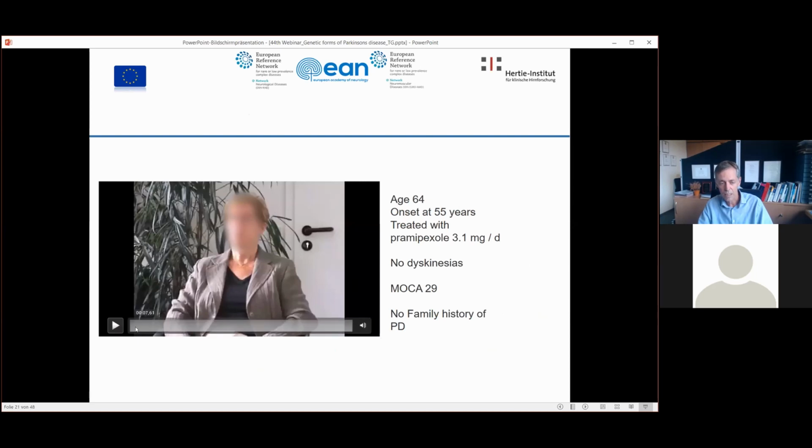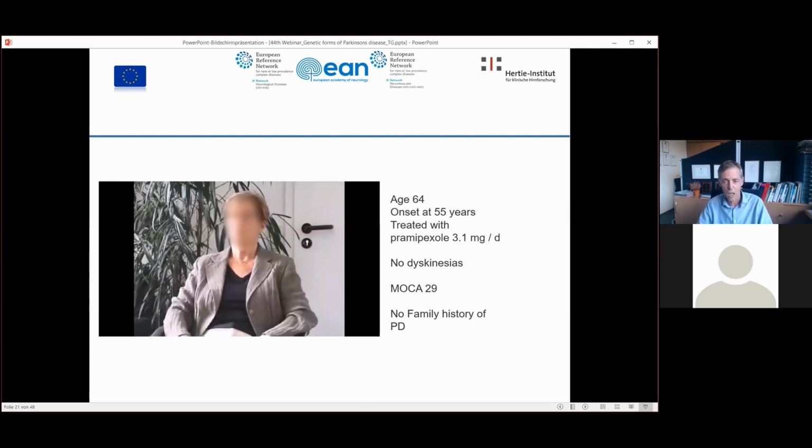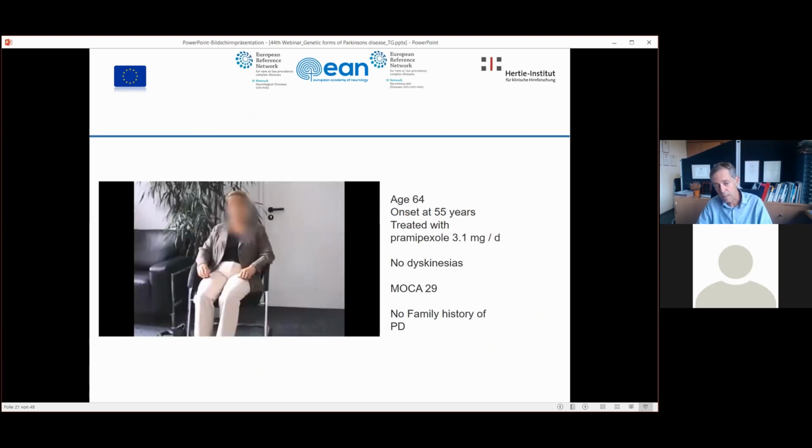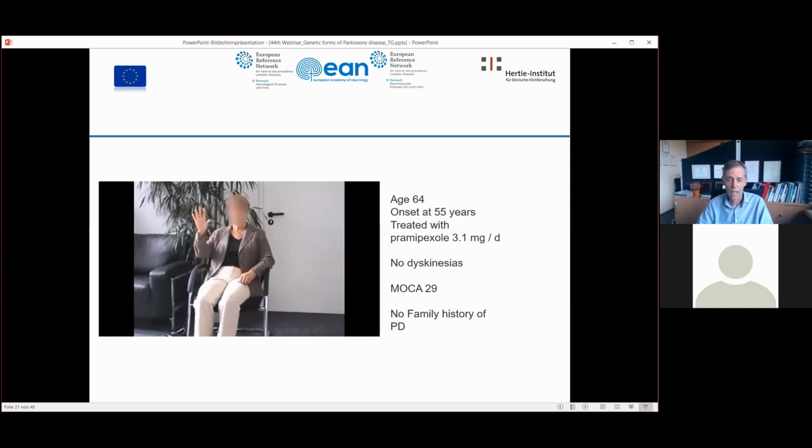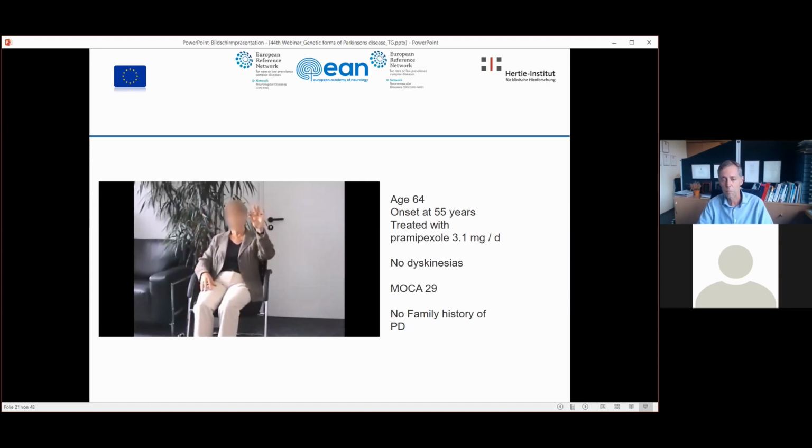That's another case of a monogenic form of Parkinson's disease, which is, again, quite different. That's a female patient. At the time of the video, she was 64. Onset was 55, so it's slightly on the younger side for Parkinson's patients. At that point, 9 years into the disease, she's treated only with the dopamine agonist, pramipexole.